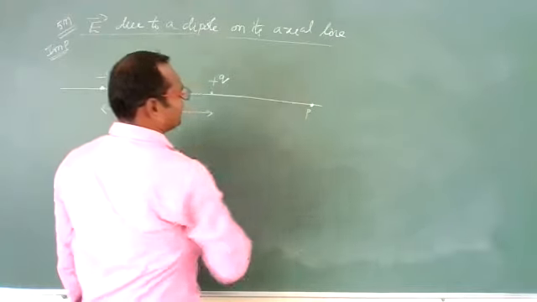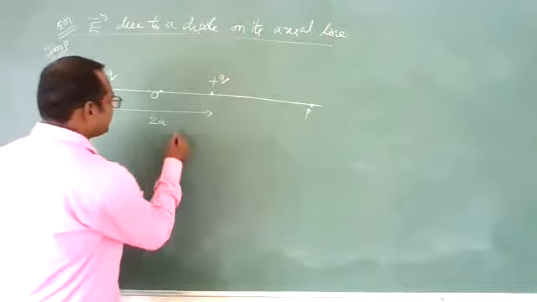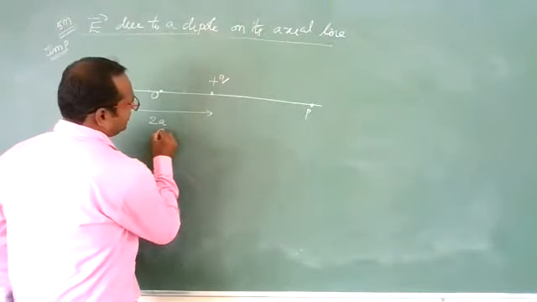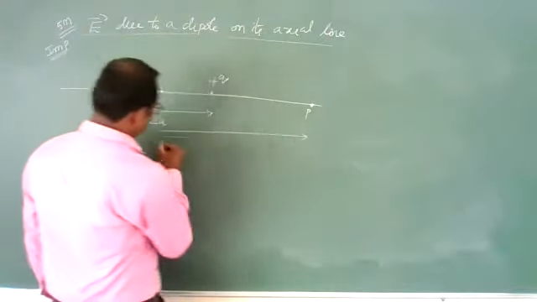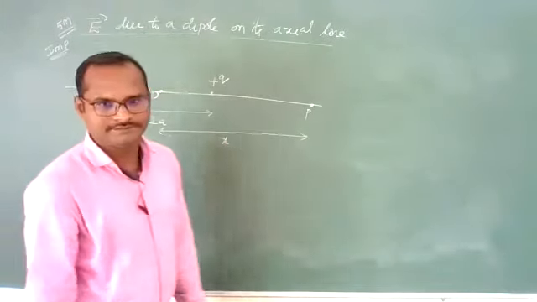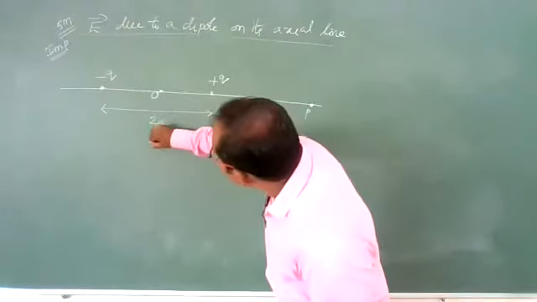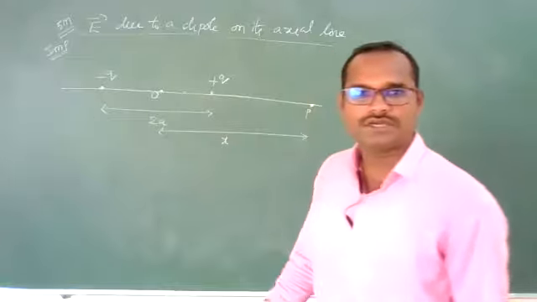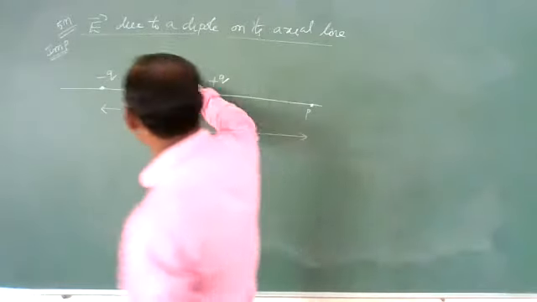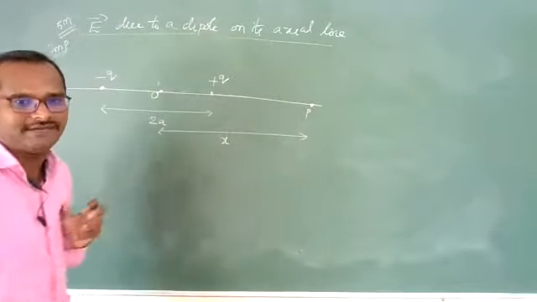This point I am taking as point P, which is at a distance of, let us suppose, x from the center of the dipole. So from the center of the dipole, at a distance of x, I am considering one point on the axial line of the dipole.